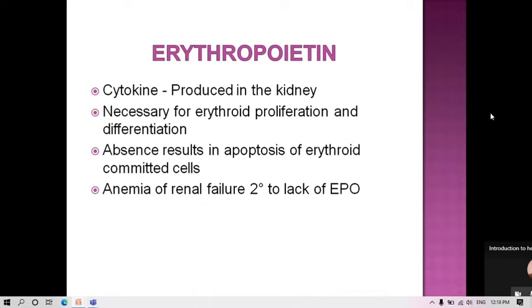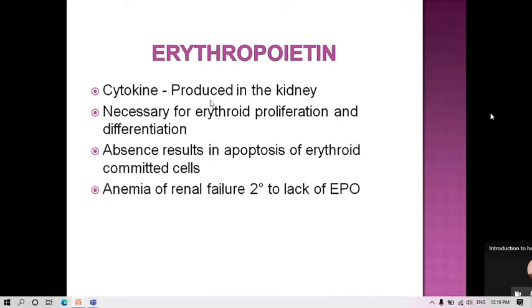This juxtaglomerular apparatus has the capacity to sense the oxygen level present in the blood. So whenever there is anemia, the oxygen carrying capacity of the blood will reduce.